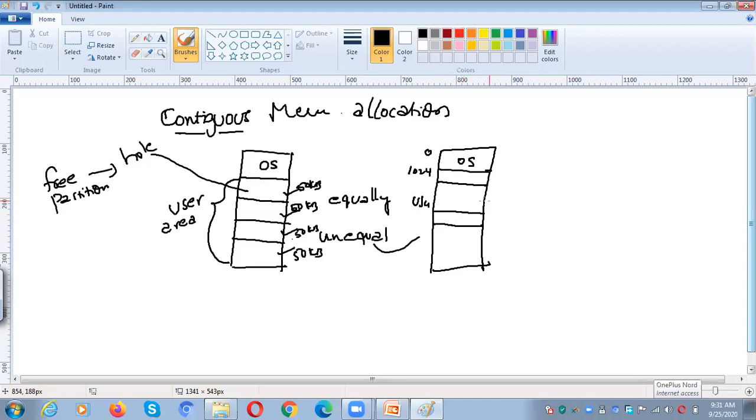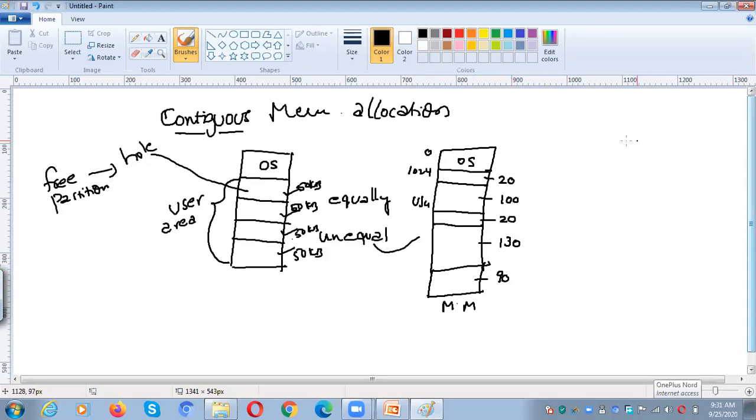For example, these are the 5 partitions available. This is 20 KB in size, and this is also 20 KB, and this is maybe 100 KB, and this is 130 KB, and this is 90 KB, for example.